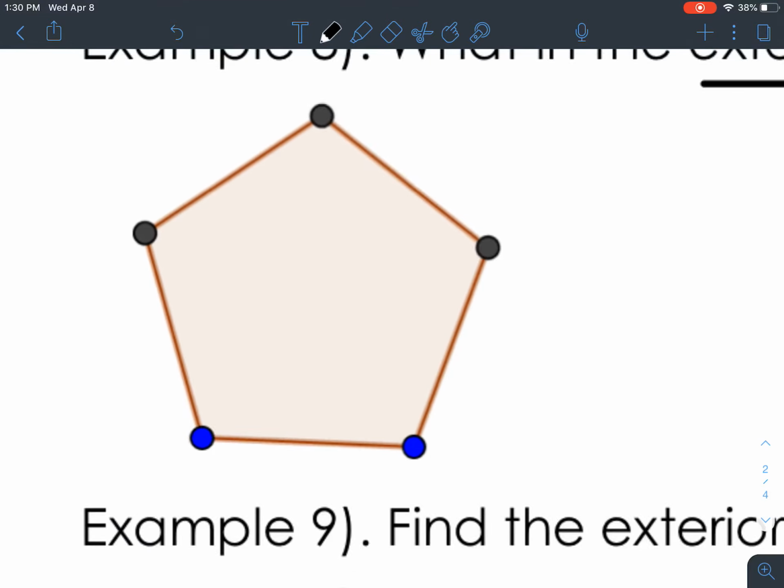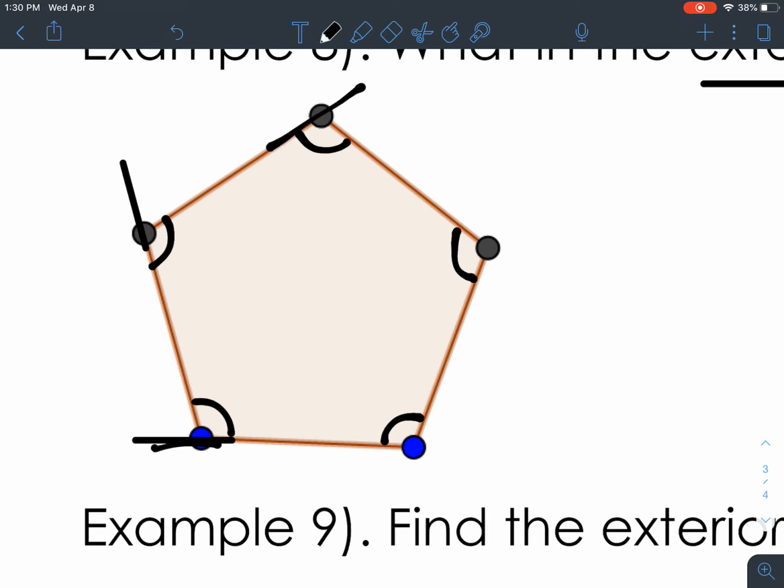So what that means is that if all these angles within this pentagon are congruent, and if we drew out all of our exterior angles on this pentagon, all of these would also have to be congruent.